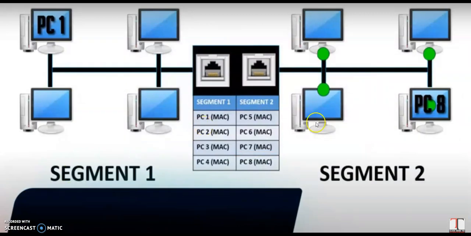Everyone in that segment receives the data, but only the intended recipient accepts it, and all others reject it in the bus topology. So the bridge is mainly used to reduce the traffic within the bus topology, when you follow the bus topology in a local area network, and only then do we go for the bridge concept.